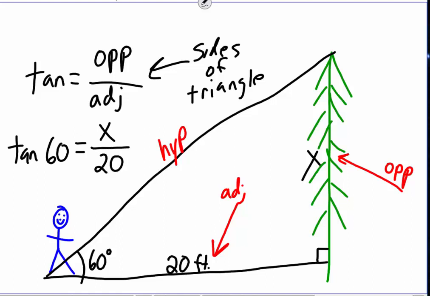And then we got to solve for X. Okay, now this is really, really hard. Got to bear with me here. X divided by 20. How do we get rid of the divided by 20? Yes, we multiply by 20. So times 20. And since we go times 20 on that side, we got to go times 20 on this side.